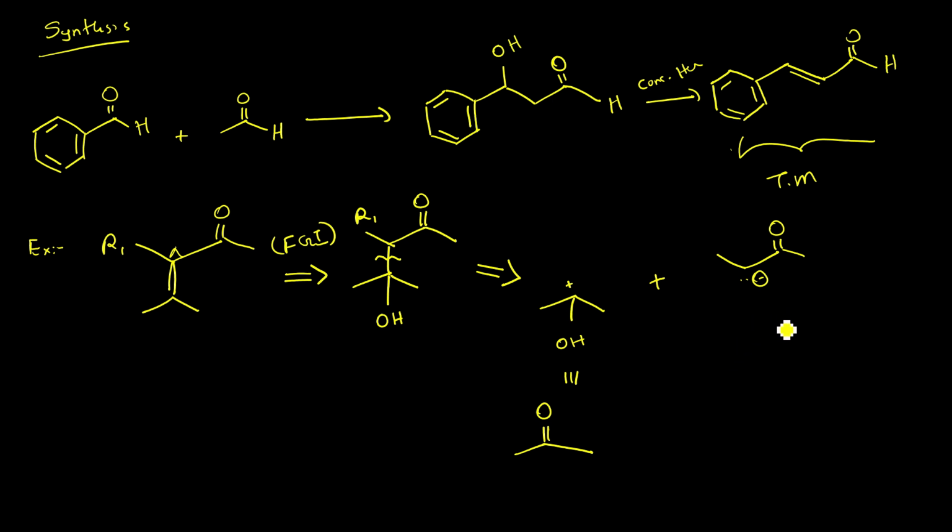In the other case, just ignore the lone pair, because you know this is an alpha carbon. The hydrogen on this carbon has acidic properties, so you can easily remove one proton by introducing a basic medium. So these are the synthetic equivalents.